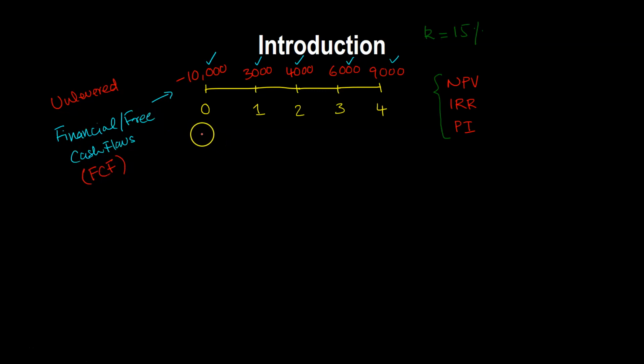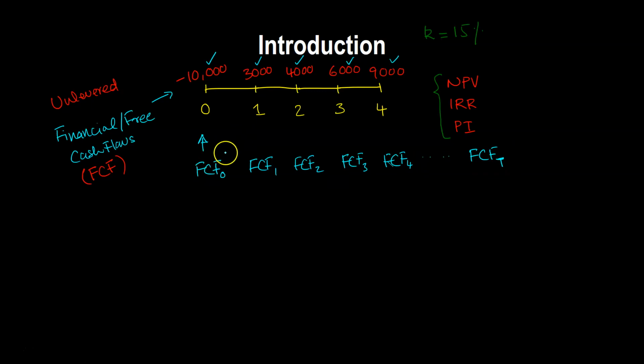And so the main thing that we are going to be doing is this. We are going to be determining what is the financial cash flow of the project in year 0, what is it in year 1, what is it in year 2, 3, and then finally 4, or more specifically, if it's a project which lasts for T years, what are the financial cash flows till time period T?